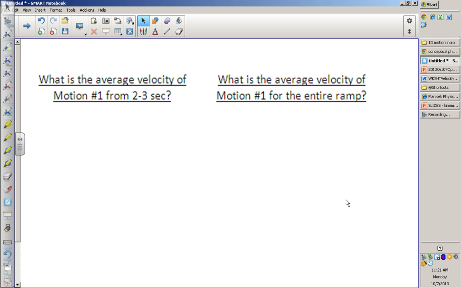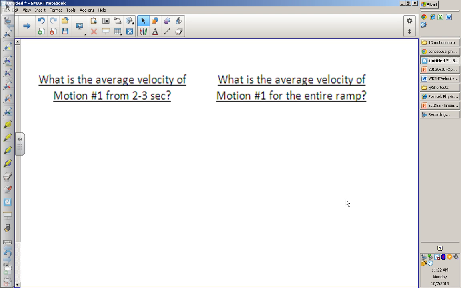So the first part says, what is the average velocity of motion number 1 between 2 seconds and 3 seconds? So this wants to know what the average velocity was. It gives us this interval from 2 seconds to 3 seconds. What information do we have about the velocity of the object during that interval?